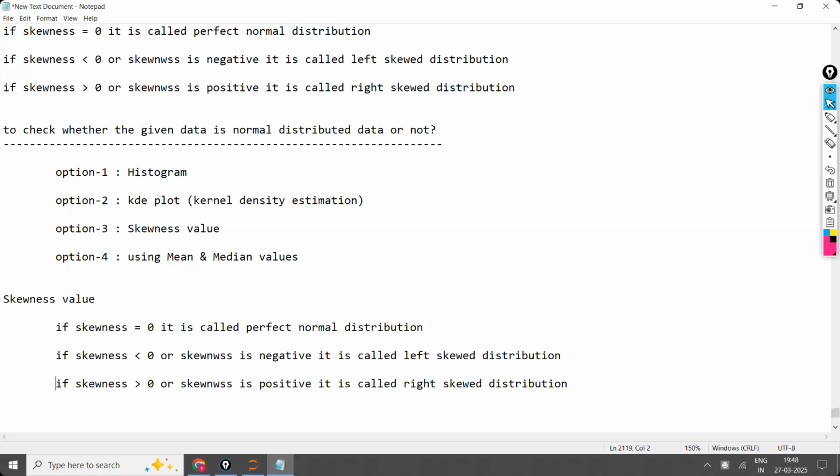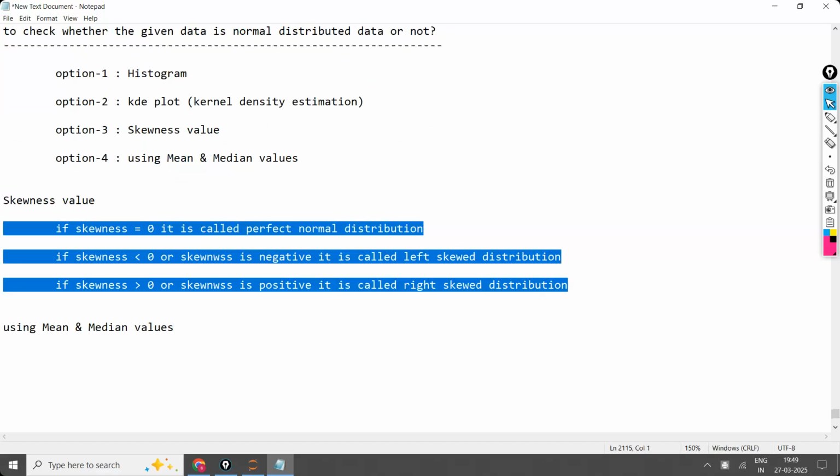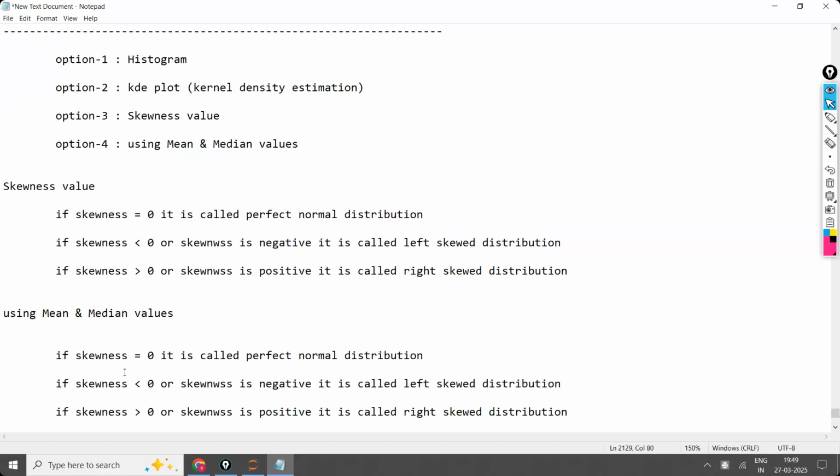Now, coming to option number 4, which is mean and median. How do we say using the mean and median? If mean is equal to median, if mean and median both are the same, it is called normally distributed data. Is the point clear?